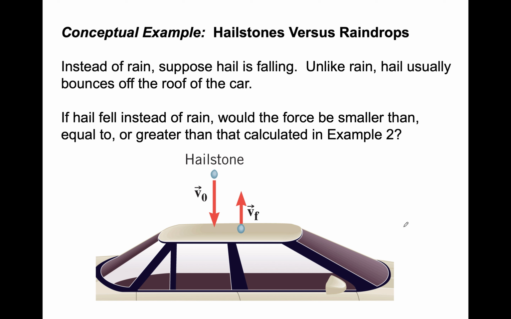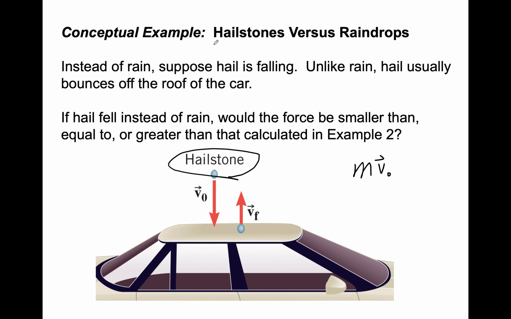So now let's think about what's going to be the difference if we have hailstones instead of rain. The raindrop was stopped on the top of the roof, right? So the change of momentum would be simply m v0.